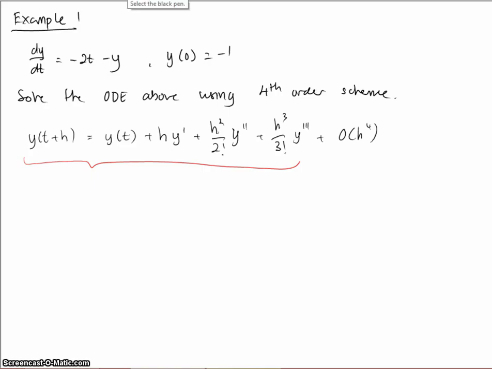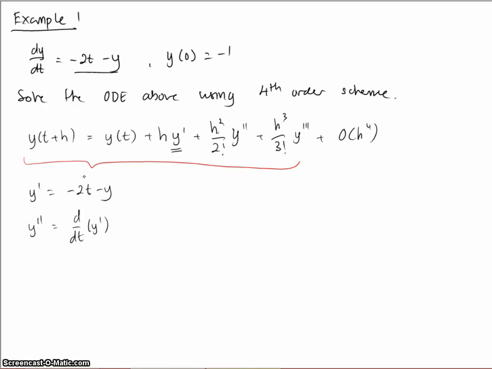Let's say we want to formulate our numerical method based on this set of terms. We already know that y prime is dy/dt, which is already given to you as minus 2t minus y. Now we need to know what y double prime is. Y double prime is given by the derivative of y prime, d/dt of y prime.